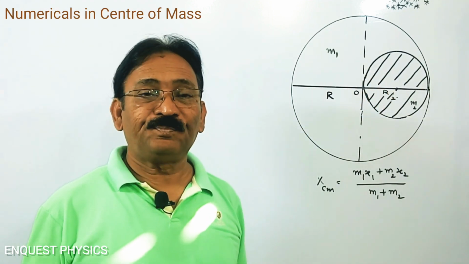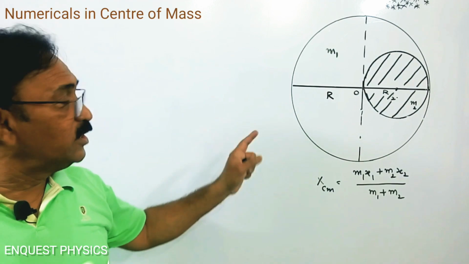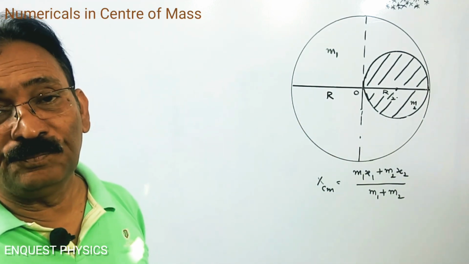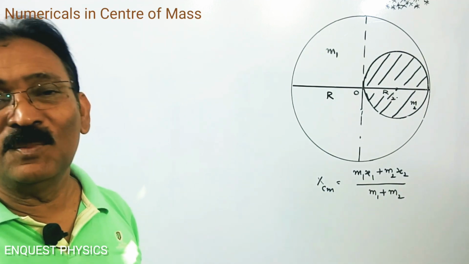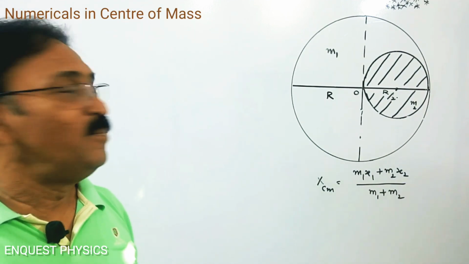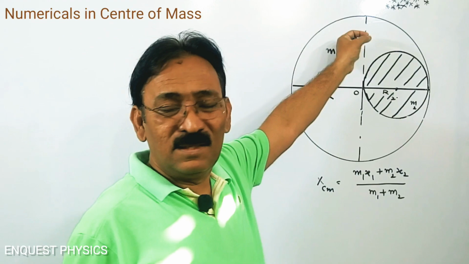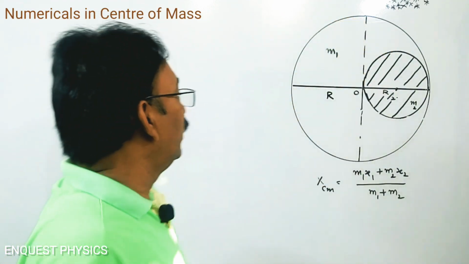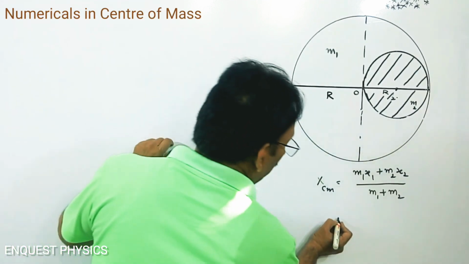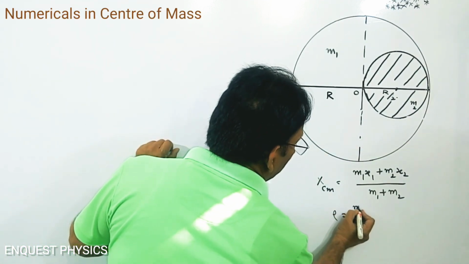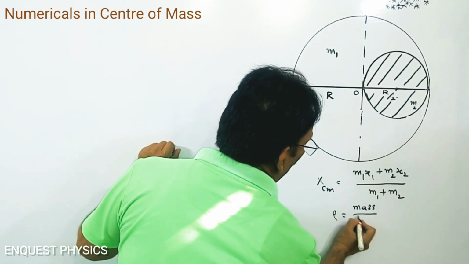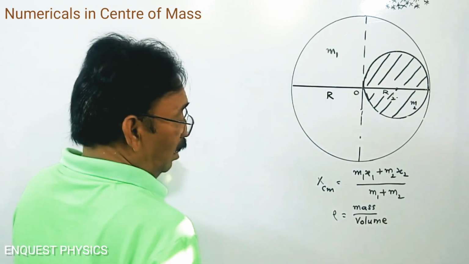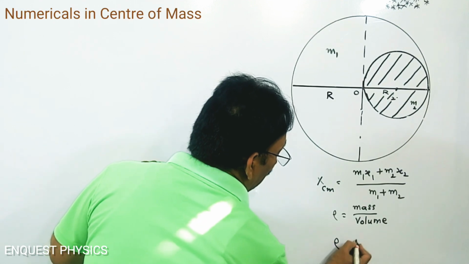He also says that this material has uniform density, and you know the relation between mass and density. We are taking the thickness very small, that's why I am neglecting that term. You know that density is equal to mass upon volume, or density is equal to m by v.